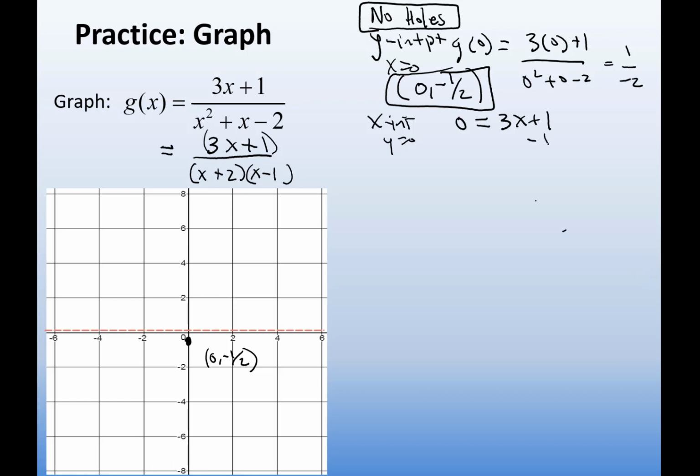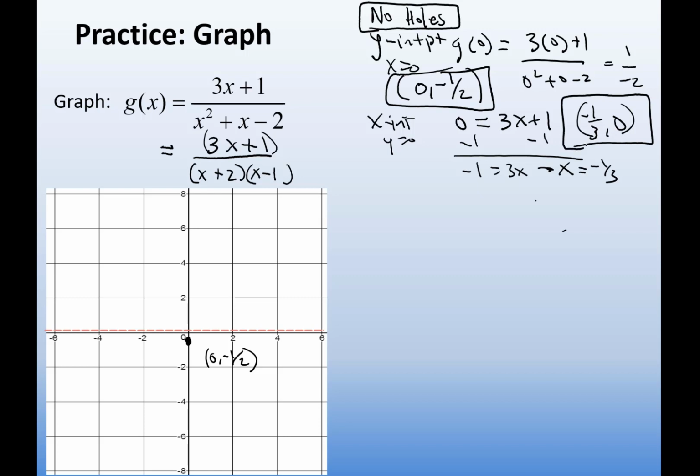So if I subtract 1 on both sides, negative 1 equals 3x. So x equals negative 1/3. So now I've got negative 1/3, 0 as my x-intercept point. Oh man, that's not the nicest point for graphing.